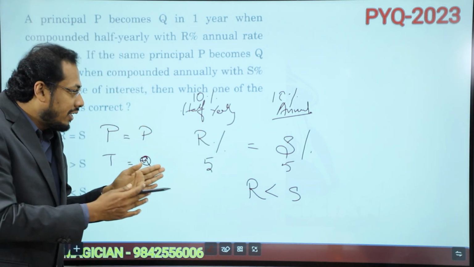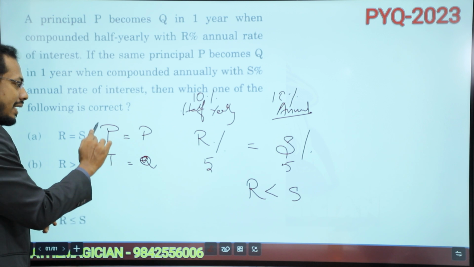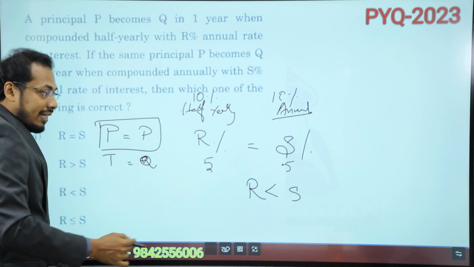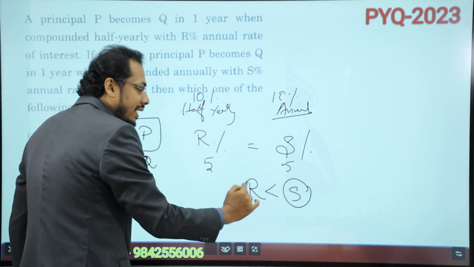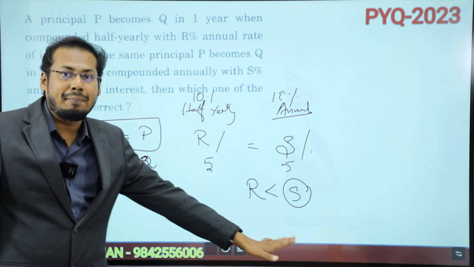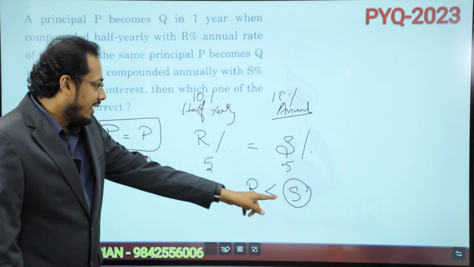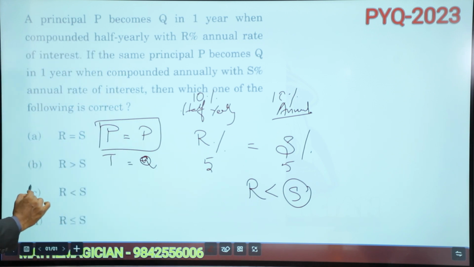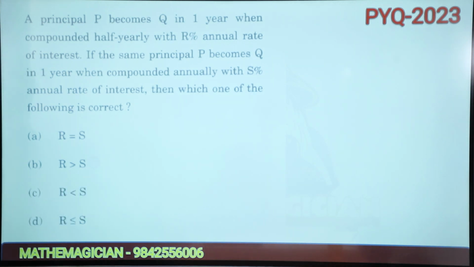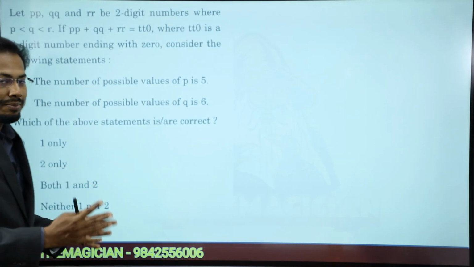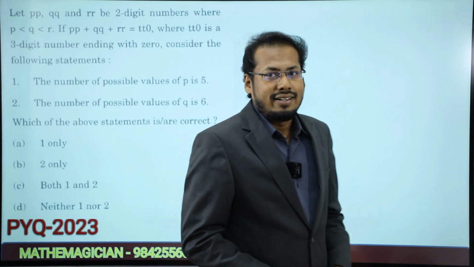So if you want both amounts to be the same, with the same principal amount, then S should be more than R, then only it will happen. Otherwise, there is no chance. So look at option C: S is greater than R is the right answer. If you understand the concept, this type of variable question we can directly answer.